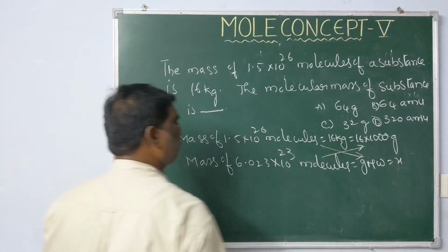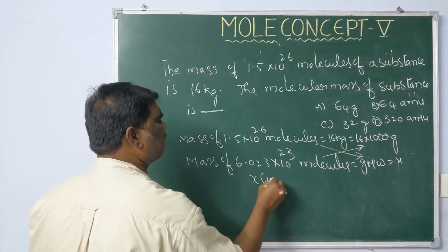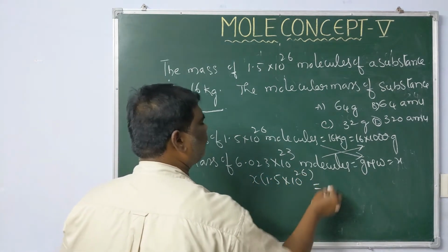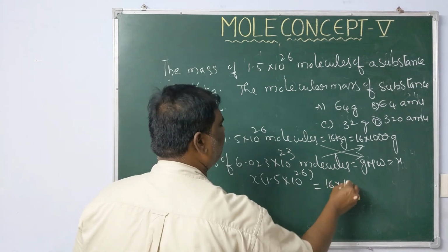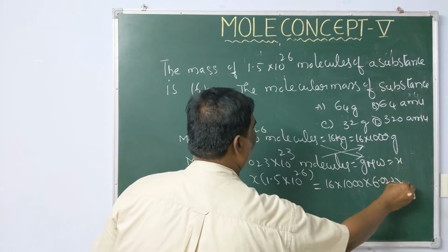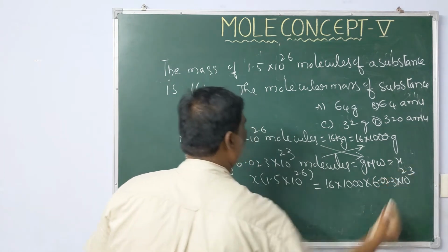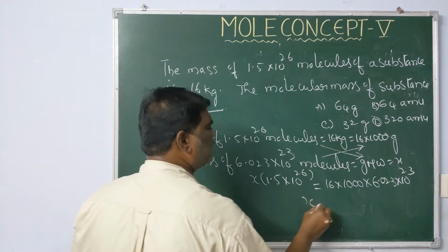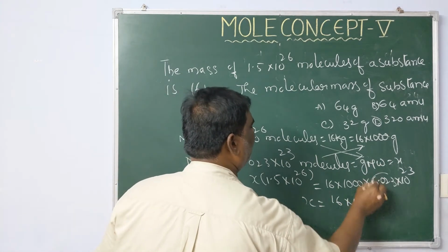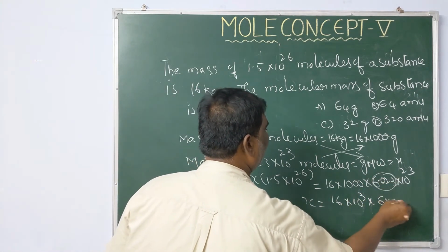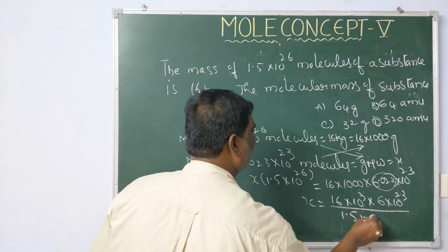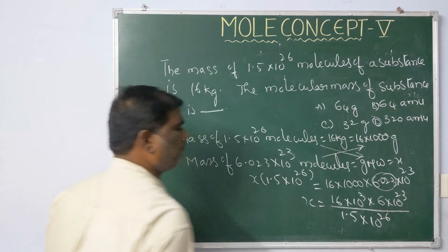On cross multiplication we get x into 1.5 into 10 power 26 is equal to 16 into 1000 into 6.023 into 10 power 23. Now x is equal to 16 into 10 power 3 into, now I am rounding off, 6 into 10 power 23 by 1.5 into 10 power 26.